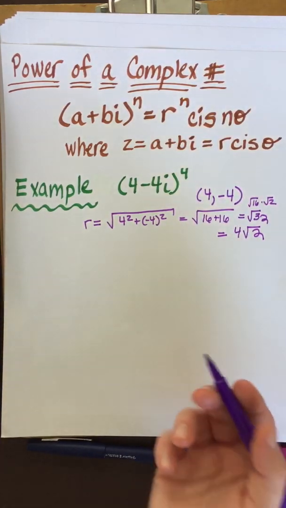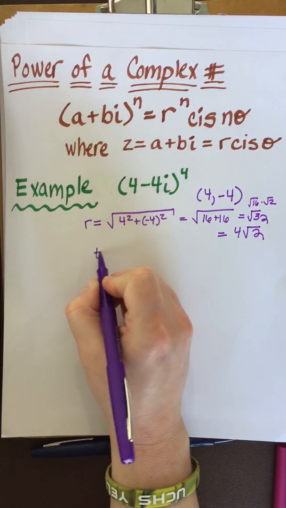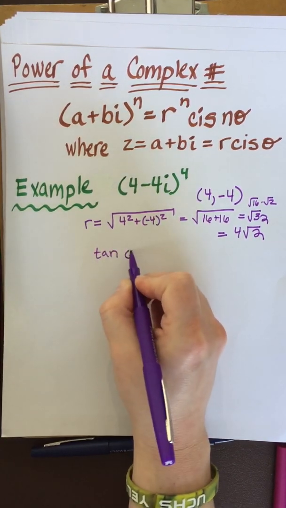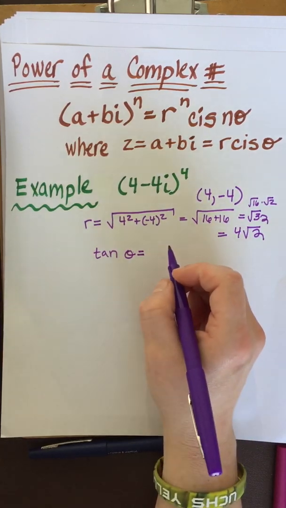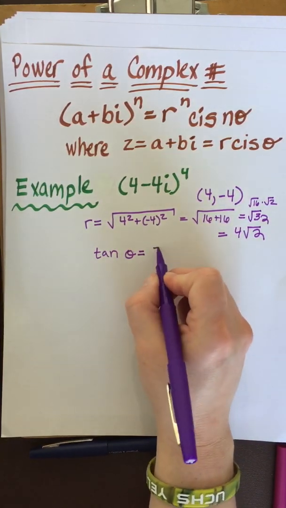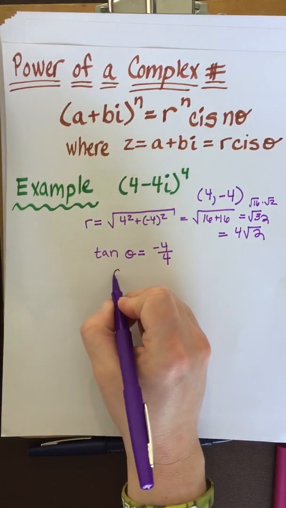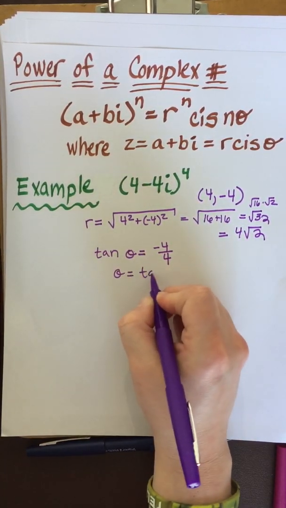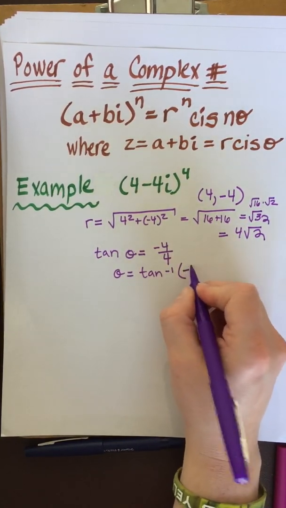All right, so the next thing we want to do is find our angle. So the tangent of theta would be equal to negative 4 over 4. So we do the tan inverse of both sides. So theta would be equal to the tan inverse of negative 4 divided by 4, which is negative 1.